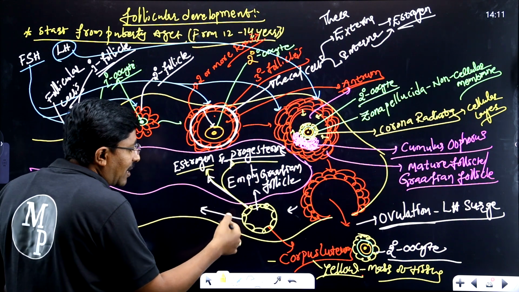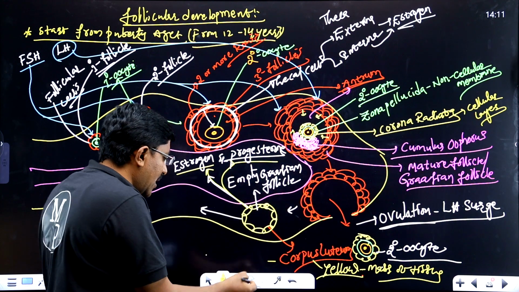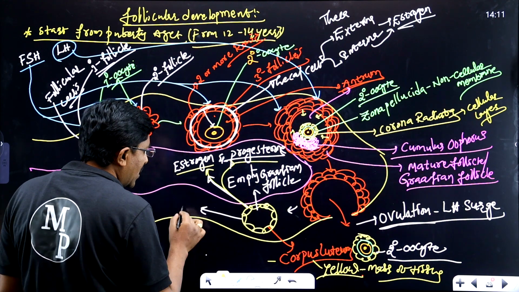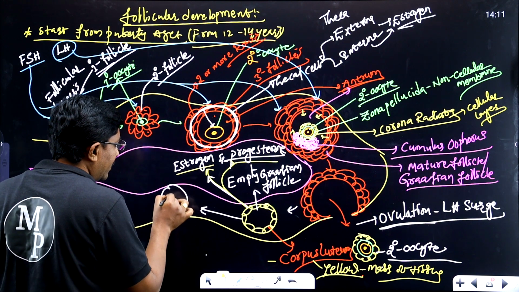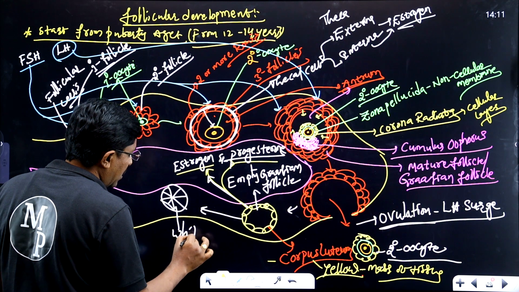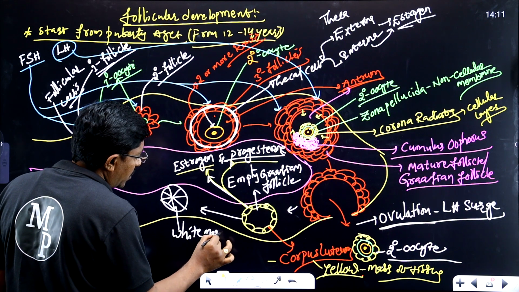By the end of the menstrual cycle, this empty Graafian follicle gradually degenerates. After degeneration, it is converted into a white mass of tissue.